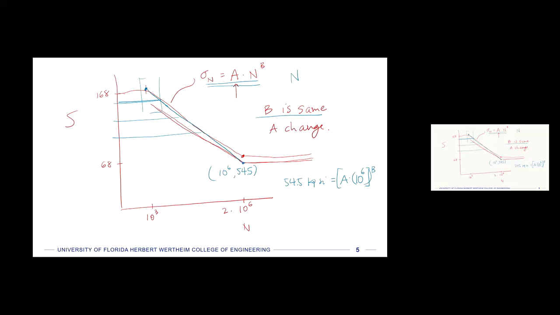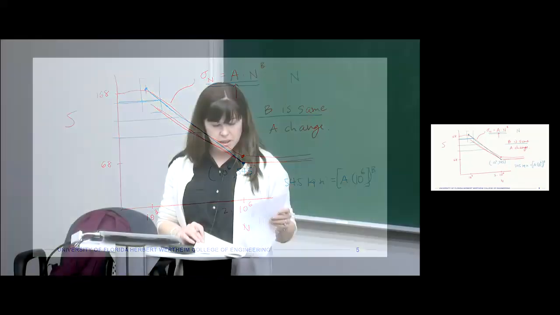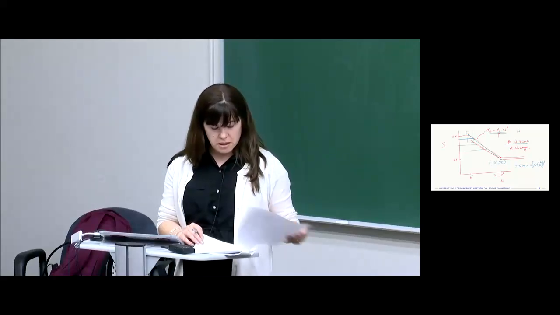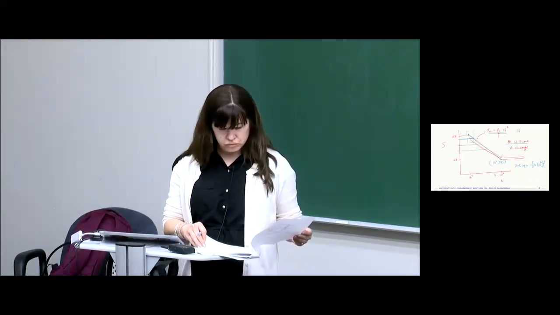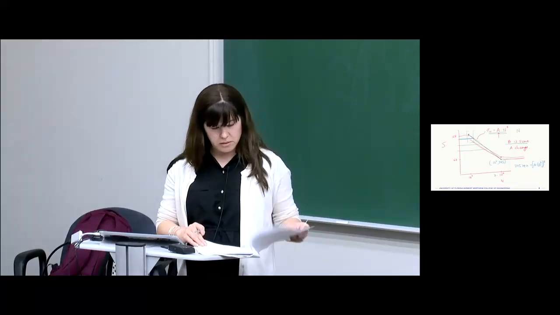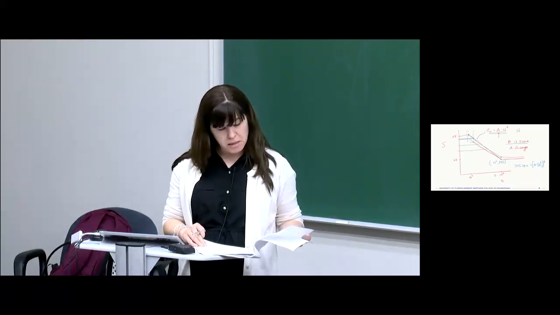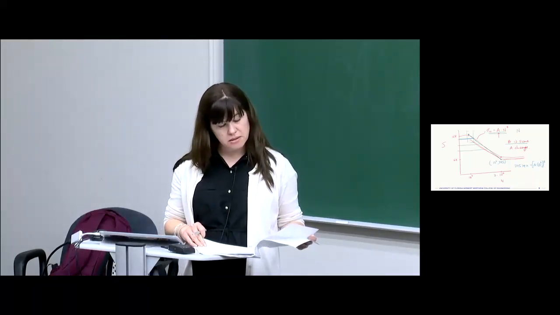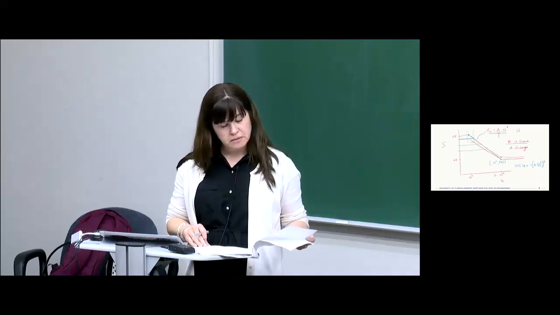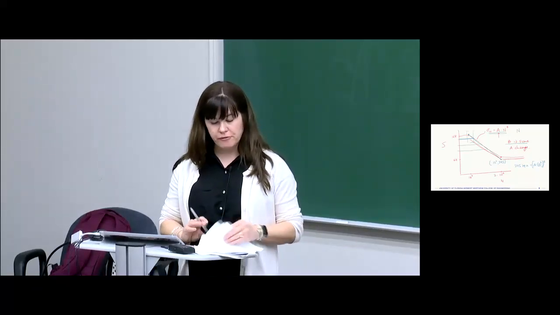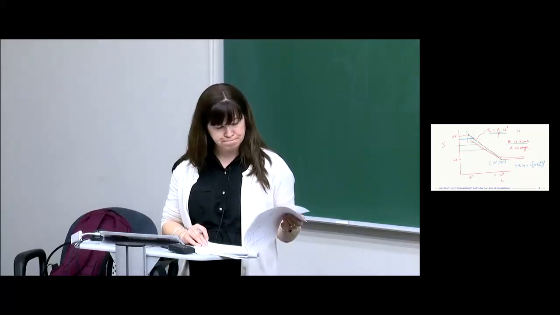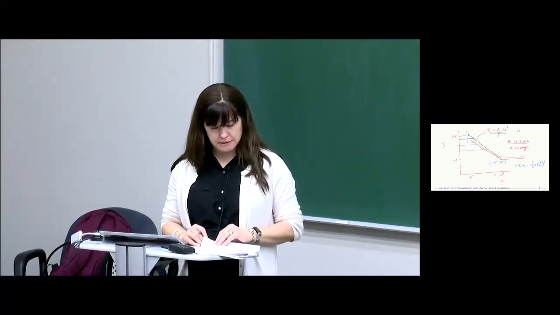In the next class, we're going to cover one final theory, which is the Manson double linear damage rule. So we're going to learn that one. And then we'll talk a little bit more about fracture mechanics and how cracks propagate.